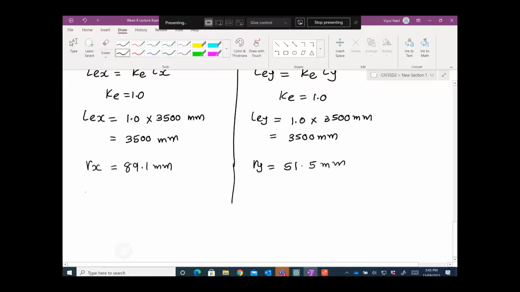Now we can take this ratio, effective length about the x-axis over rx. This is called the slenderness ratio, by the way, which is 3500 millimeters over 89.1 millimeters.